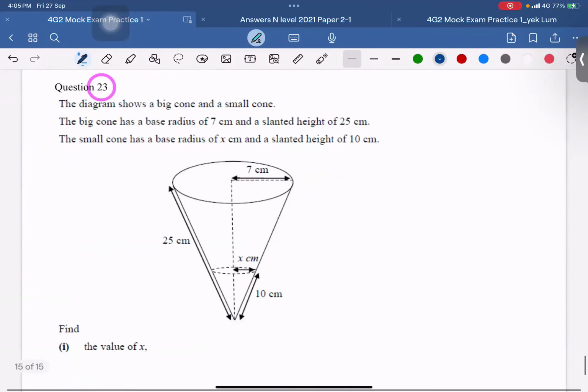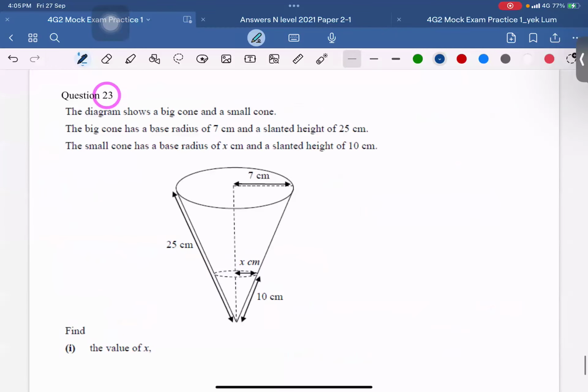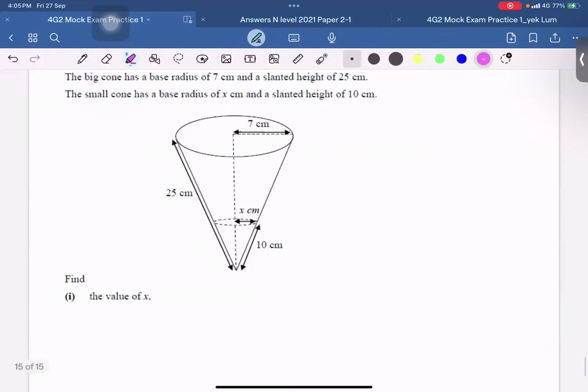Okay, next one, last question for the day. This is actually a simple question to start off with. I modeled it after the 2021 paper 2, the one with the hemisphere. You notice that this one is actually similar triangles. These two triangles are similar.